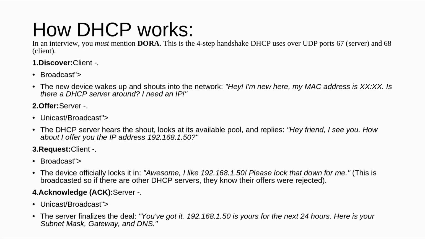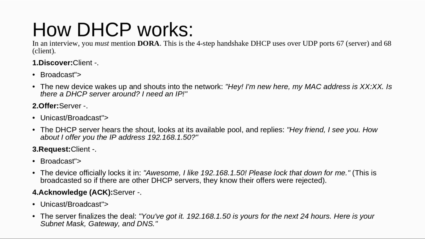After the client hears the offer, it requests: it accepts, saying awesome, I like this IP, I can work with this, please lock it down for me. This is broadcast, so if there are other DHCP servers, they know that the offer has been accepted, and they stop.